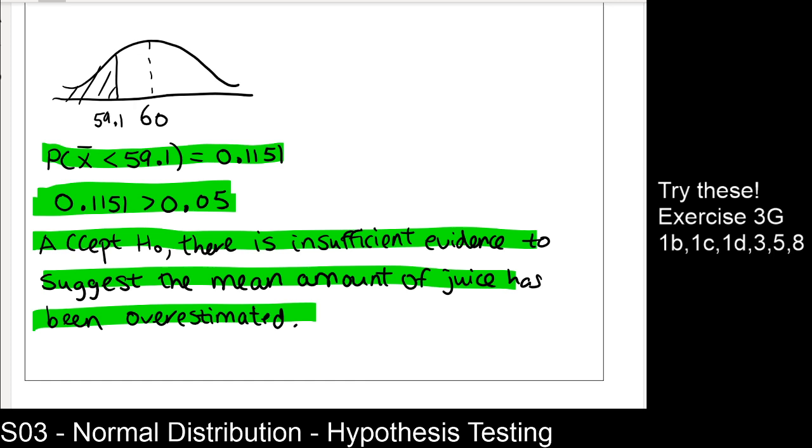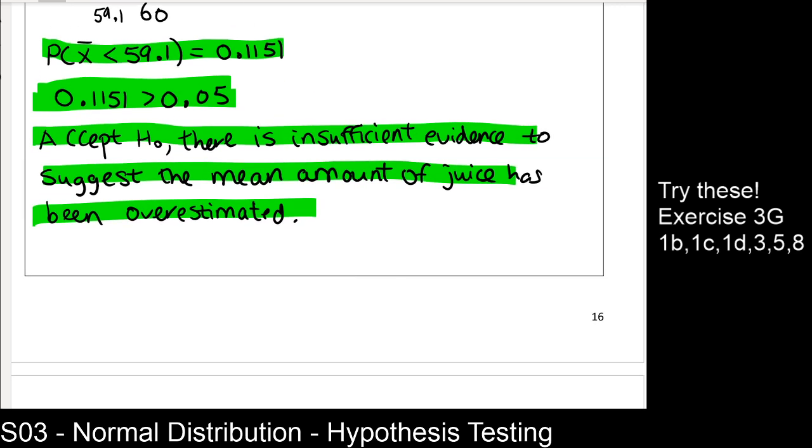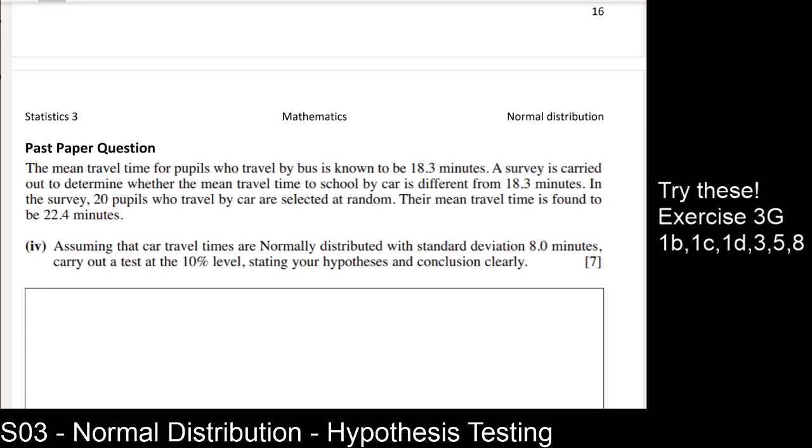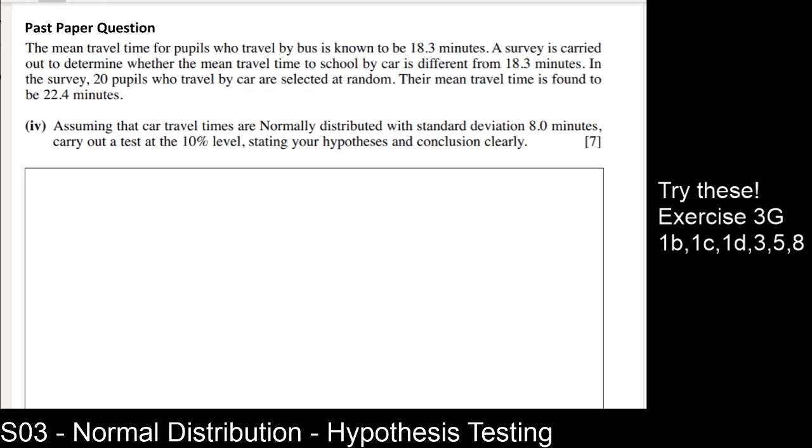Work out the probability that it would be less than 59.1, so what's the probability that it could be 59.1, which is what we get from our sample, or less than that, and then go from there. And then we just make our conclusion at the end, so we say accept H0 and then go from there. And just make sure that you always put that context there at the end.